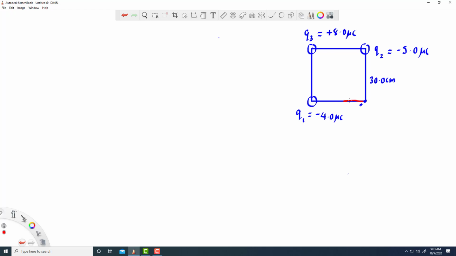So the electric field, again, electric field is force of this charge, the source charge, on this test charge, this small charge. So the force would be along this direction. So let's call it E1, force per unit charge, force felt by this charge.